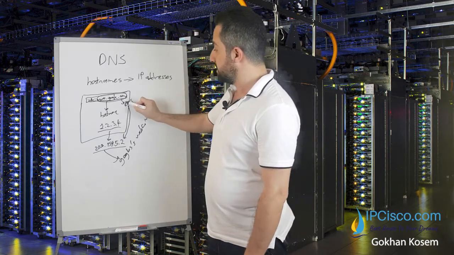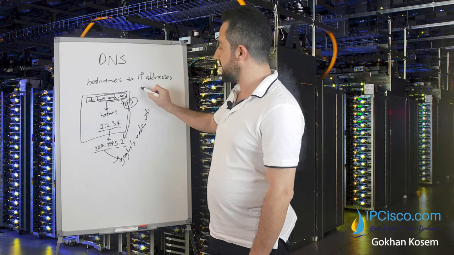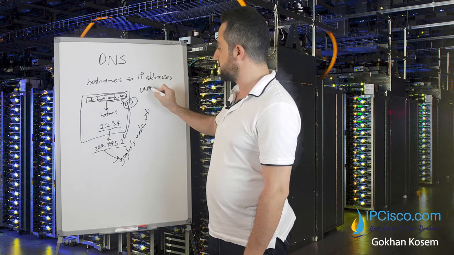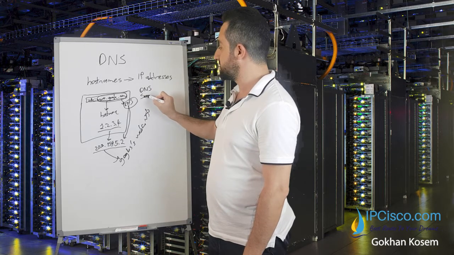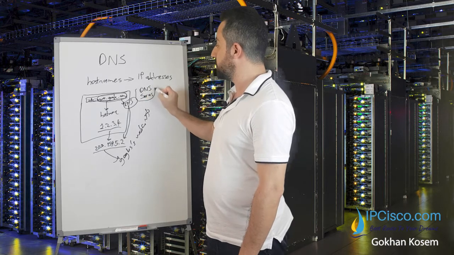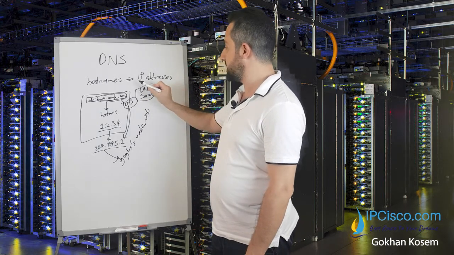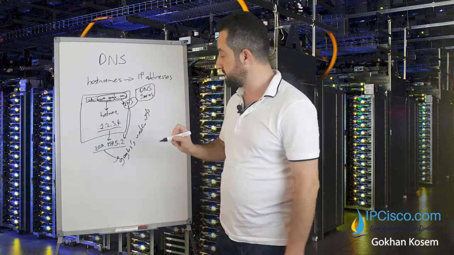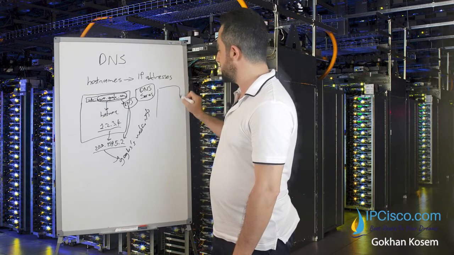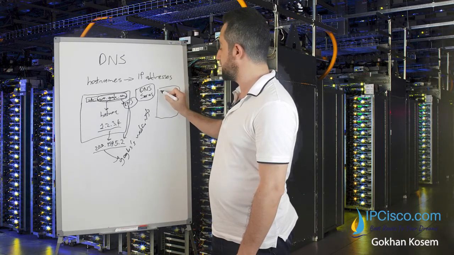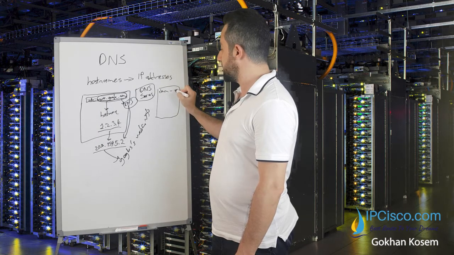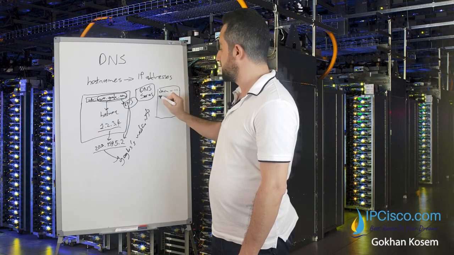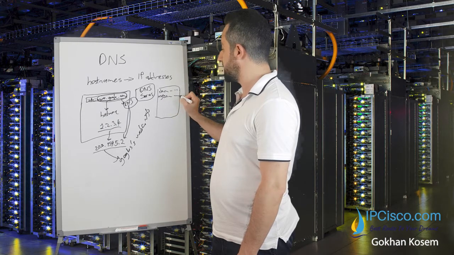And this translation is done on DNS servers. DNS servers have host name and IP address mappings. There are some lists here. They say that abc.com has this IP address, xyz.com has this IP address.